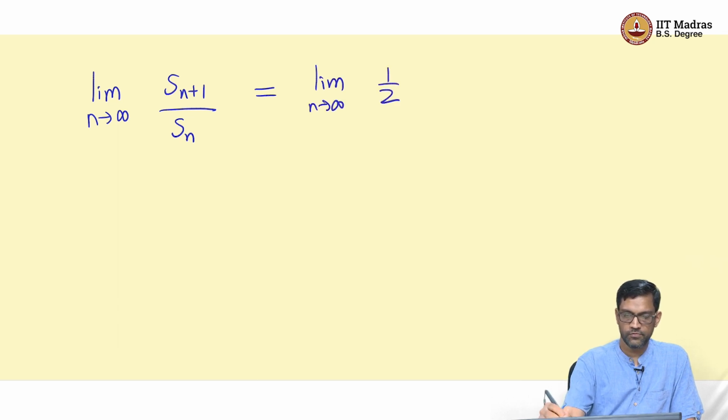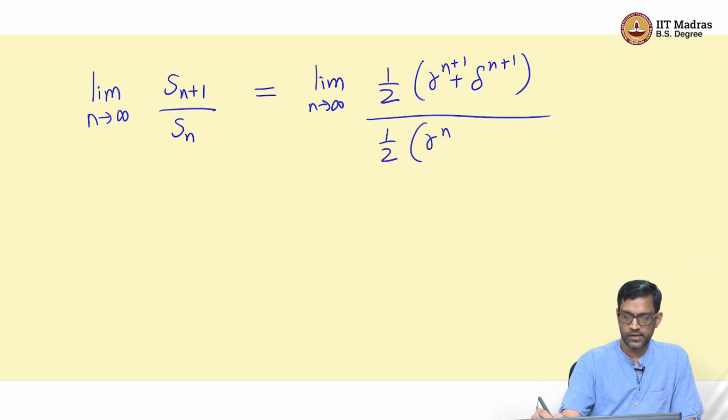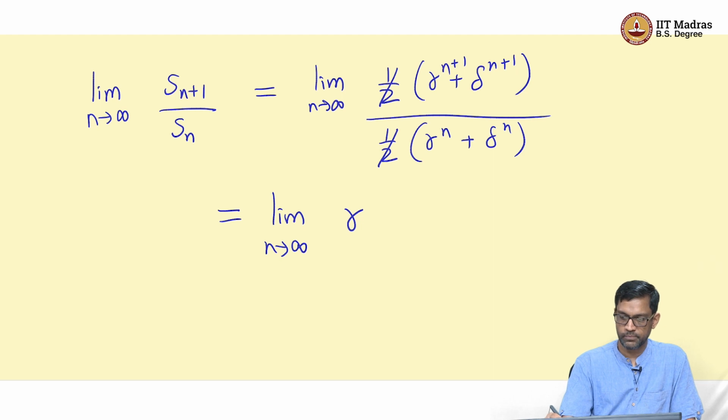It is half of gamma to the n plus delta to the n, so S(n+1) is gamma to the n plus 1 plus delta to the n plus 1, over gamma to the n plus delta to the n, and the same calculation as before tells us that the halves can be cancelled. I can pull out gamma to the n plus 1 from the top and gamma to the n from the bottom. So I get this.